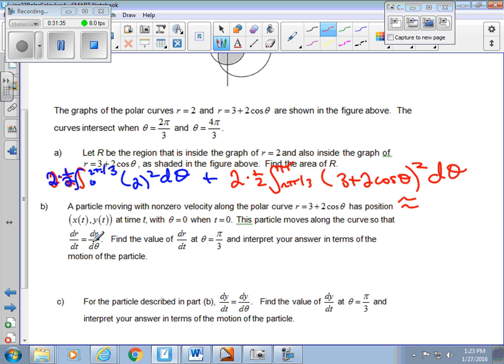All right, so dr d theta, which is the derivative of r with respect to theta, the derivative of 3 is 0. And then negative 2 sine theta. And I want the value at pi over 3.